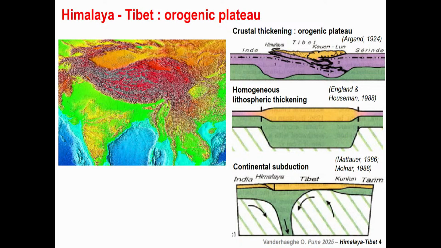So in terms of previous work, rapidly, always the same guy, Argand, proposed one century ago that the Tibet plateau was underlain by a zone of thick Indian crust that was down-thrusted below the Eurasian crust, with the Himalayas forming the front of that zone of thick crust.